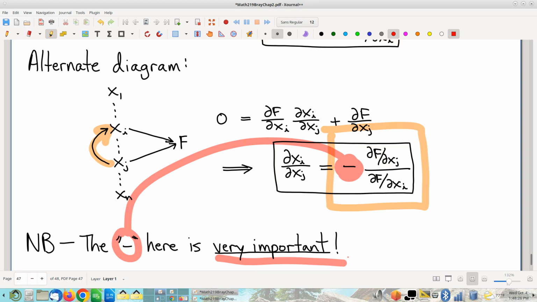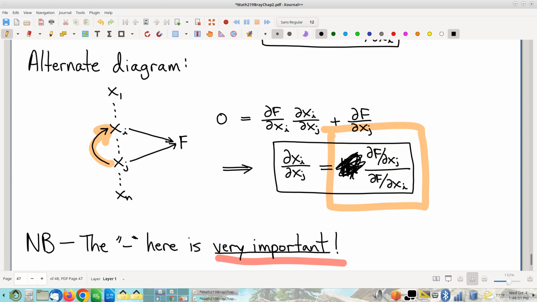Now, let me talk about what it looks like if you leave off the minus sign. So I'm going to just imagine that's not there. I guess I'd better go into pencil mode. Let me scratch that off of there. Okay.